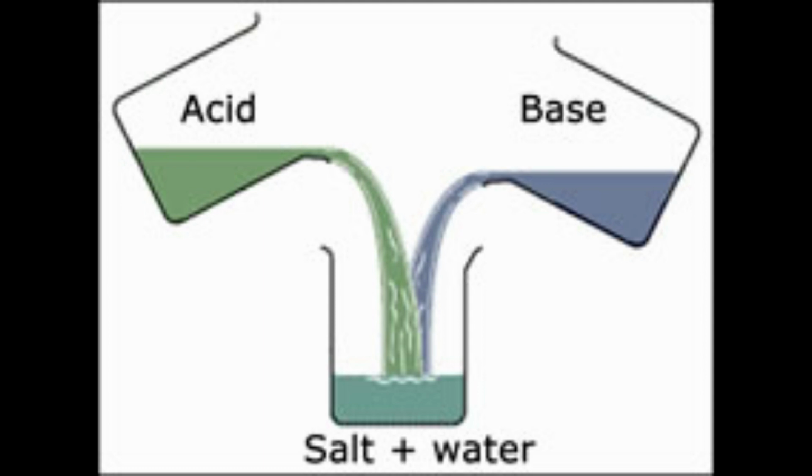So, in general, we can state that when a base reacts with an acid, it gives us salt plus water. This reaction between an acid and a base to give us salt and water is known as a neutralization reaction. Remember this neutralization reaction as this will be used later in the chapter.